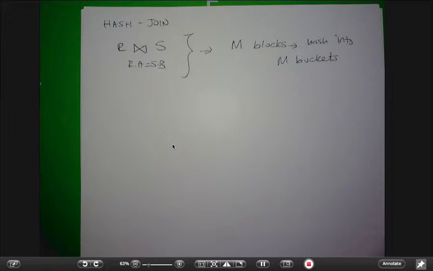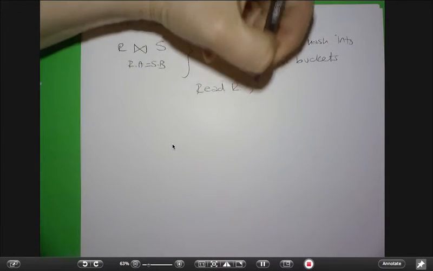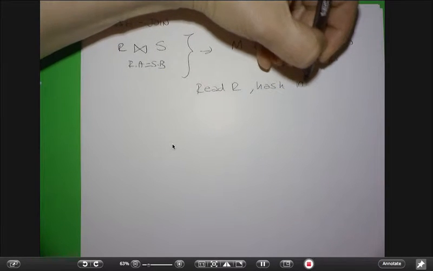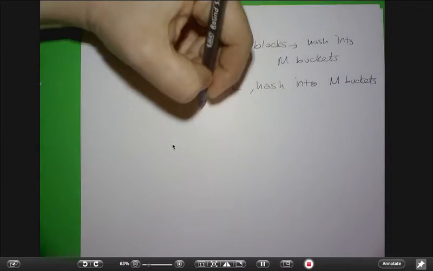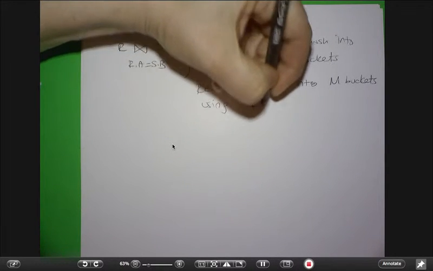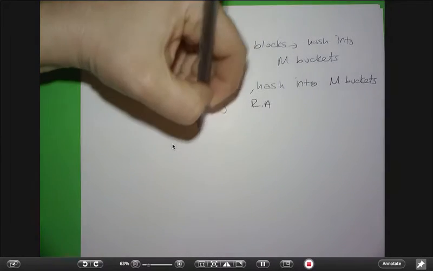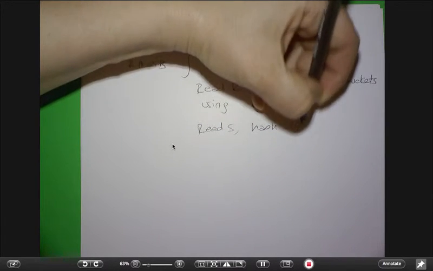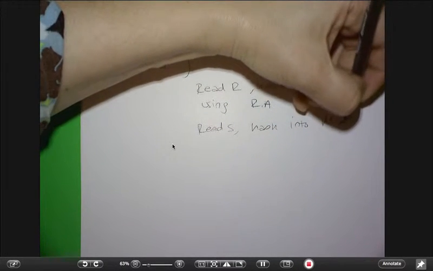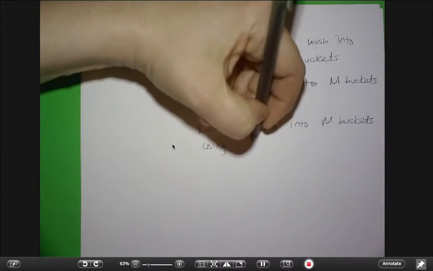So I'm going to first read R and hash into M buckets using R.A, right? So hash on R.A. Then read S, hash into the same M buckets using S.B.